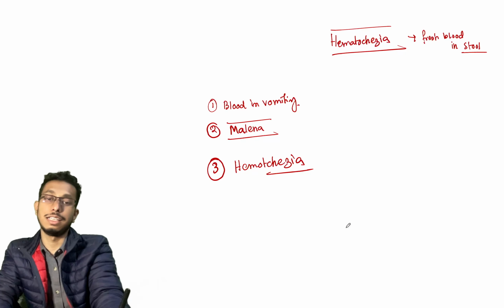Now to triage the patient, it is easy: if someone is coming with a severe GI bleed, you need to admit the patient into intensive care for proper management as well as monitoring.